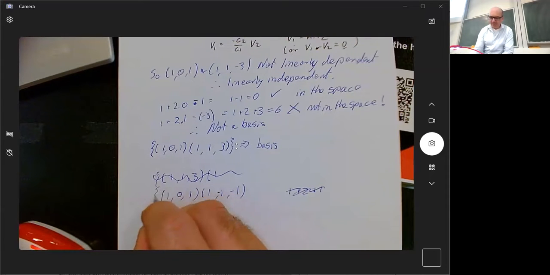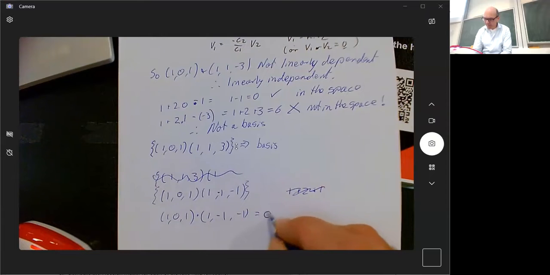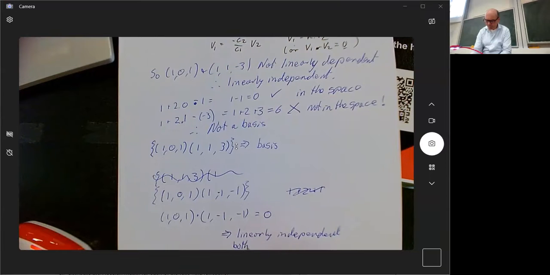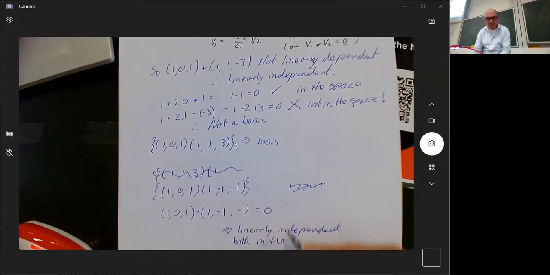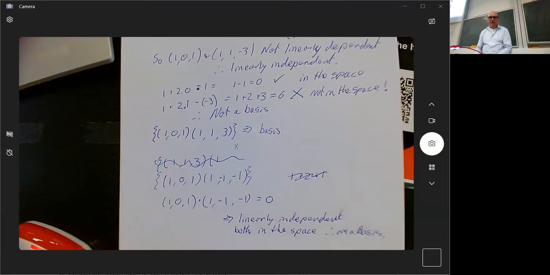So if I do 1 minus 2 plus 1 in the space. So this set, if I do 1, 0, 1, dot with 1 minus 1 minus 1, which is equal to 0, this is telling me I can go there.